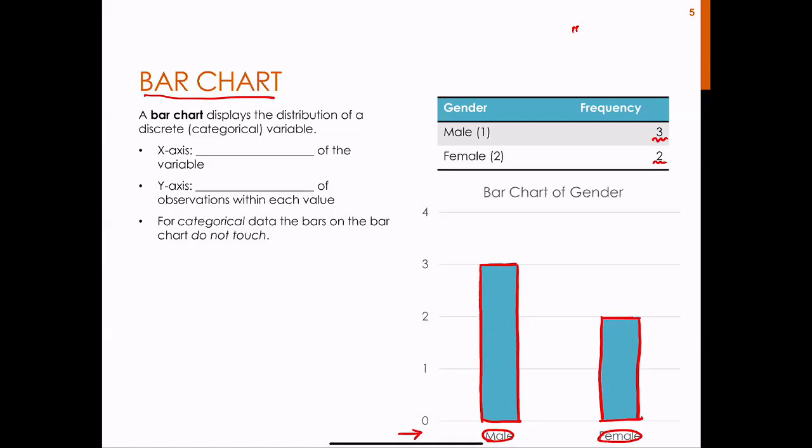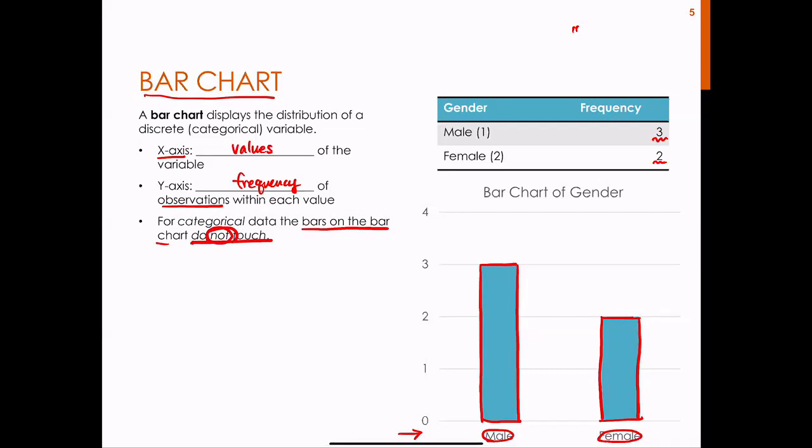In the bar chart, the x-axis represents values or levels of the variable, and the y-axis represents the frequency of observations within each value or level. For categorical data, the bars on the bar chart do not touch.